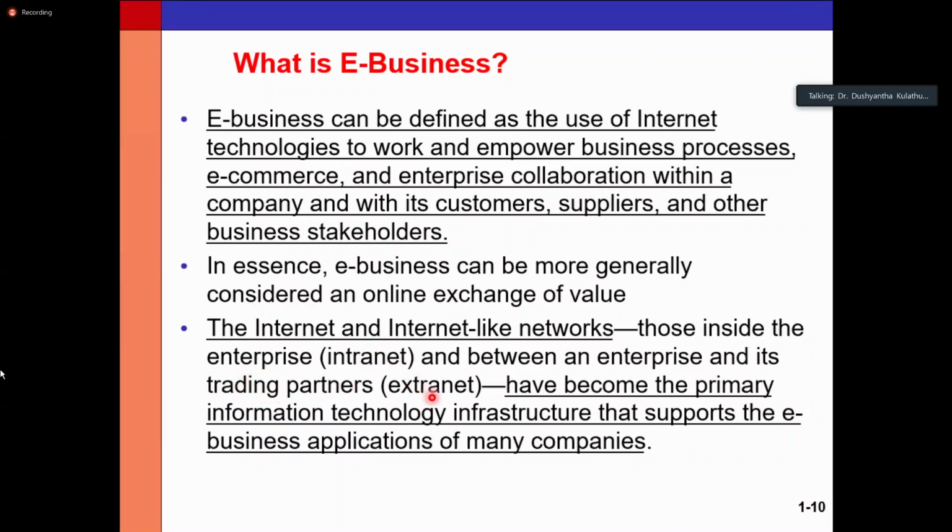So will there be any difference between intranet and extranet? The employees in the organization can access the internal network, and through the extranet, external authorized trading partners can also access the internal network or internal databases of the organization.